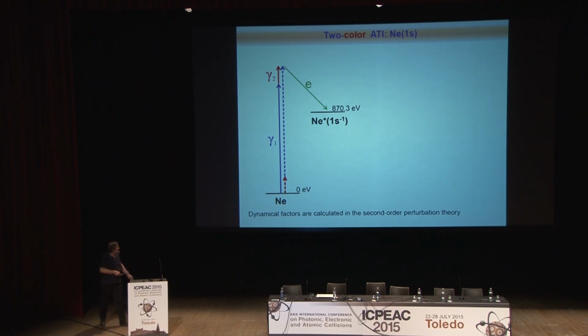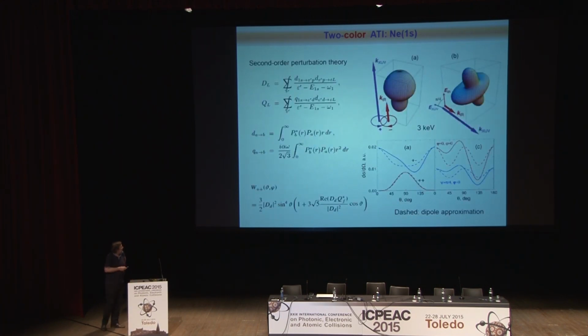Okay, this is a picture for neon. I will show some further examples with neon calculations. I just picked up one slide. You see these two circularly polarized beams, and we see very big forward-backward asymmetry. This is 3 keV. And these are the cuts along the plane parallel to the beams.